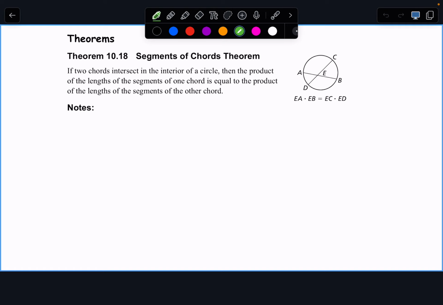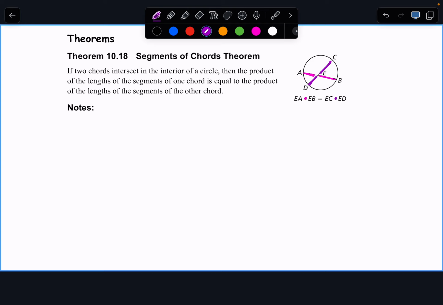If we have two chords that intersect, then the product of the lengths of the segments of one chord, product means we multiply, equals the product of the lengths of the segments of the other chord.